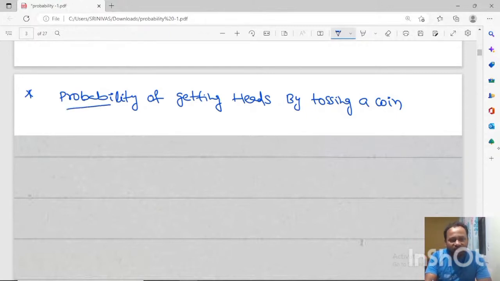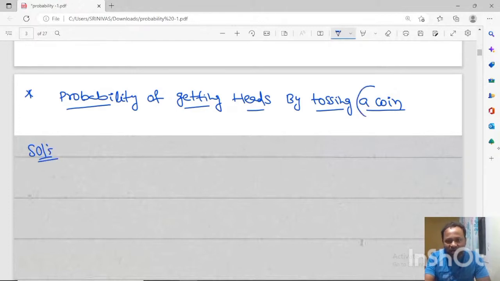Probability of getting heads by tossing a coin. It will be easy for everybody. Probability of getting heads by tossing a coin. Guess what will be the answer? Simple. Solution I will write.